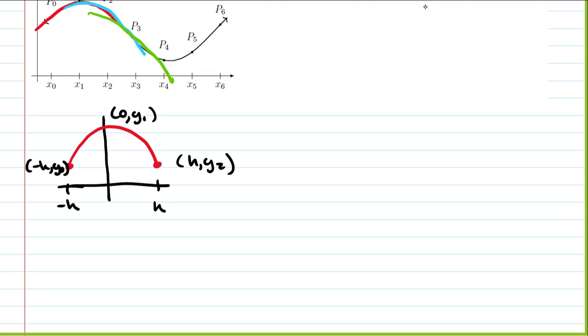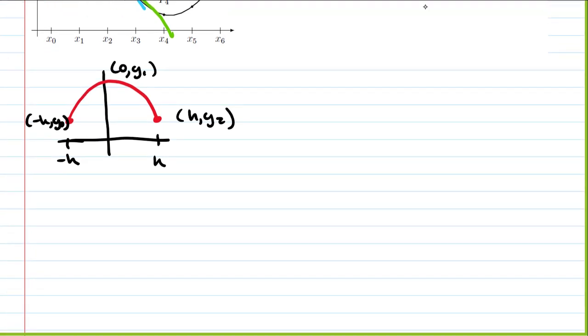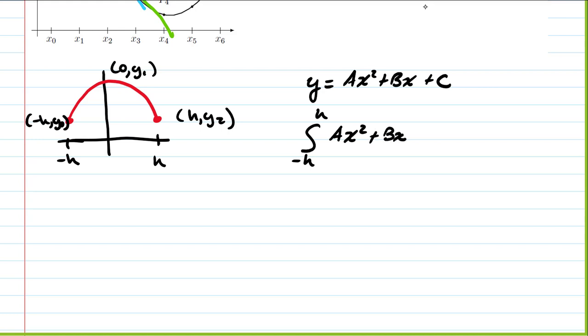So we can come up with a system of equations for this. So we know our parabola in general is going to have the form y equals ax squared plus bx plus c. We can then do this integral from negative h to positive h of ax squared plus bx plus c dx.